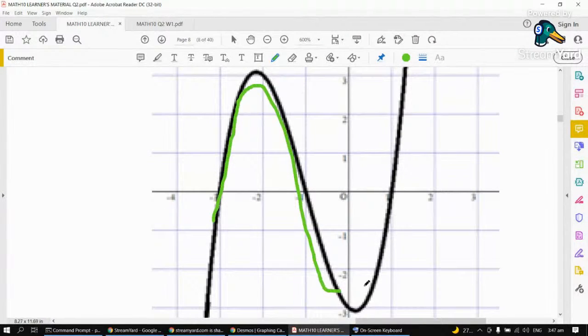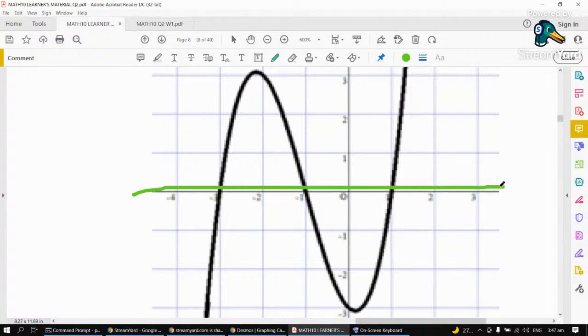Kung ito yung graph natin, makikita natin na 3 beses nag-cross itong graph na to dito sa x-axis. So 1, yung beses na nag-cross, and then 2, and then 3.